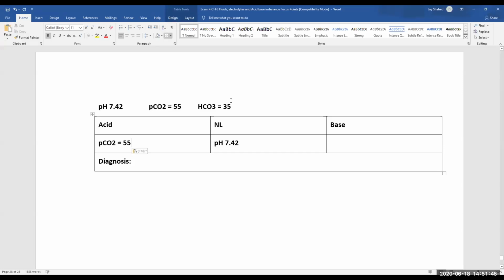Acid. How about bicarbonate? Base. She gave a good question, because if this is down here, then it'll be, you know. So this is going in what direction in this case? Towards basic. Okay, so what's your diagnosis? Metabolic alkalosis or compensated?